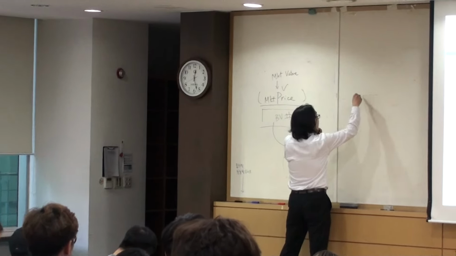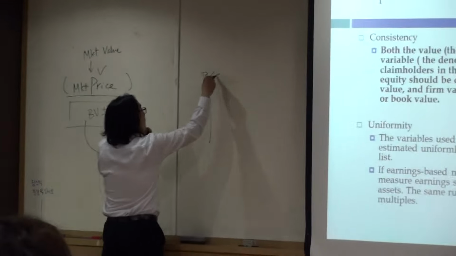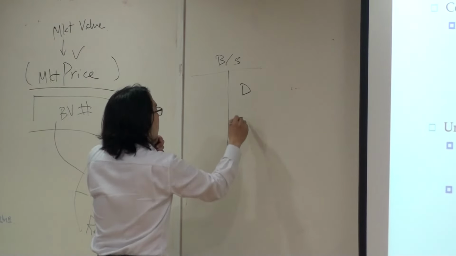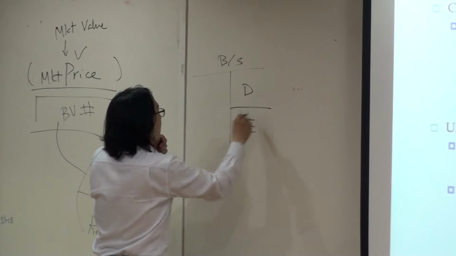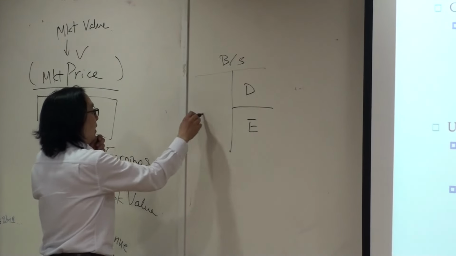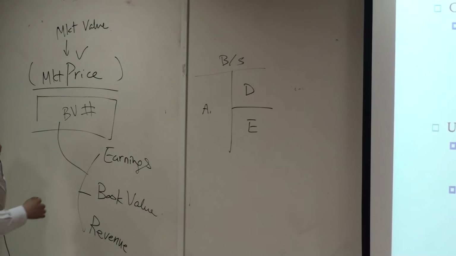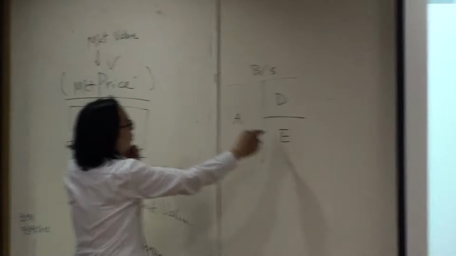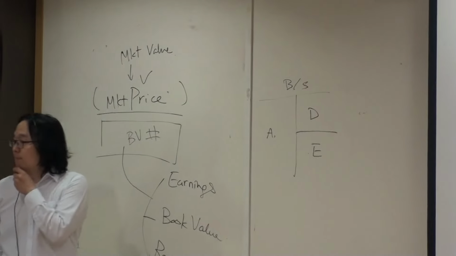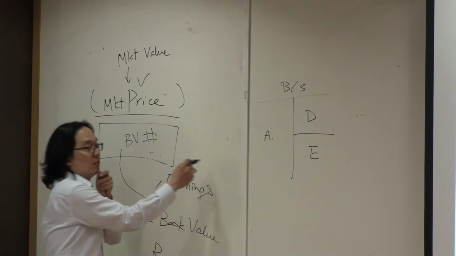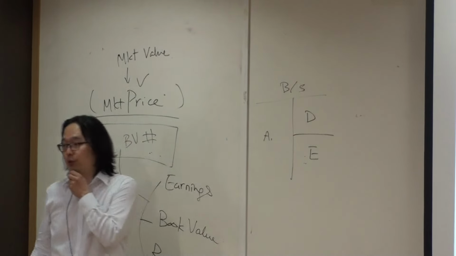If you look at the balance sheet, claim holders, we have debt holders and equity holders, right? And then here's the asset, let's say. Now, if your numerator is about equity holders, make sure your denominator is also about equity holders.